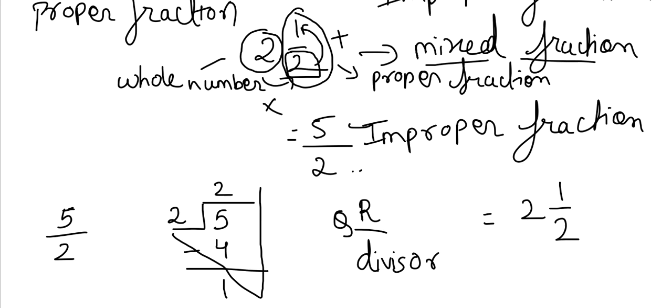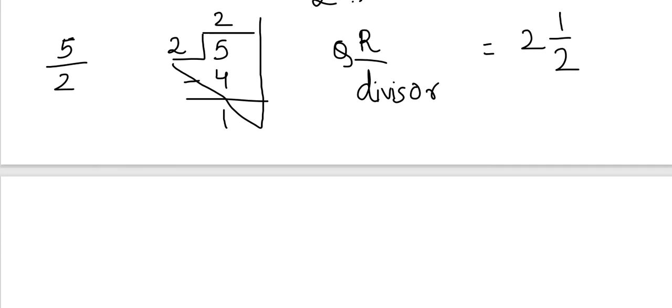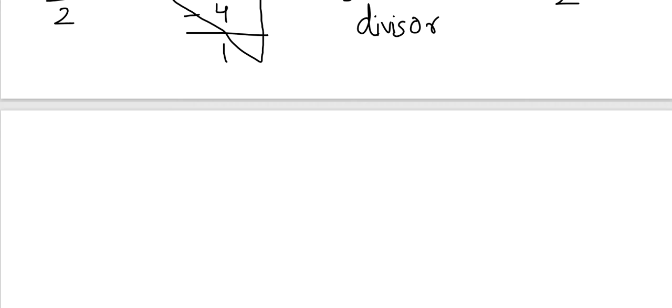So did we get the original mixed fraction? Yes. Now moving ahead to another concept. Suppose I have two different fractions and I want to add them up. The first one is 1 upon 3 plus 2 upon 3. Whenever we add or subtract, we always check whether the denominator is the same or not. Here the denominator is the same, it's 3 and 3, so we can move ahead.